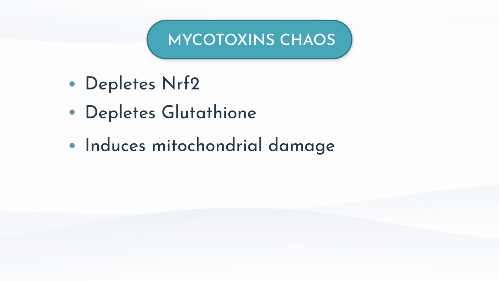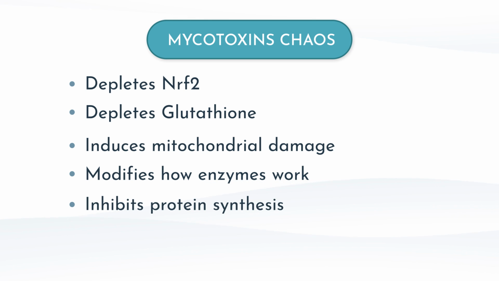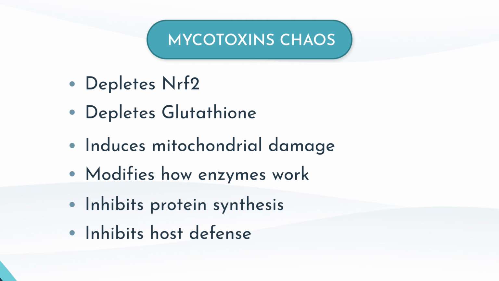As you recall, mitochondria are the powerhouses of our cells, allowing us to produce ATP, which is the fuel for our body. Mycotoxins can modify several enzymes throughout the body and the way that they function, and they can inhibit protein synthesis and inhibit our immune function by decreasing antibody-producing cells, decreasing certain antibody titers in the serum, and decreasing phagocytosis, which is how our bodies destroy foreign substances and apoptotic cells.